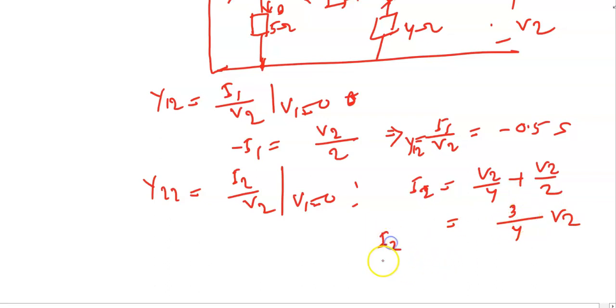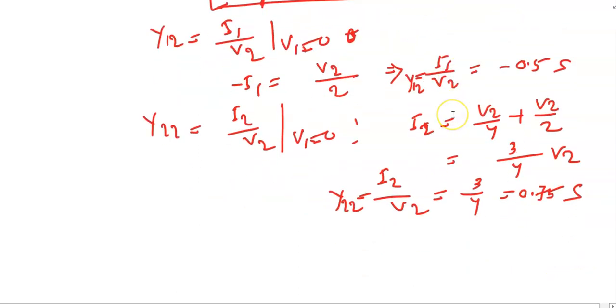So I2 upon V2, which is your Y22, is equal to 3 by 4, that is 0.75 Siemens.